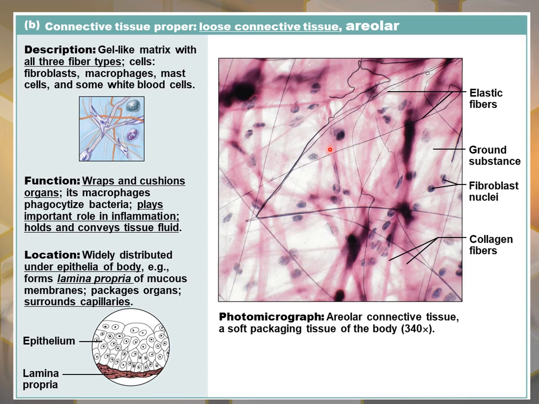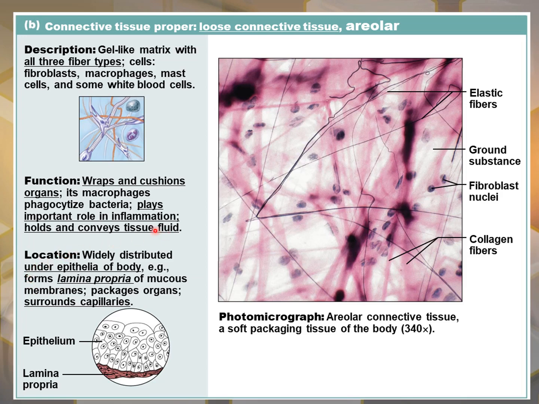And what areolar tissue does is it's really associated with epithelial tissue. So it is under the majority of our epithelial tissue. So it forms part of that basement membrane, right? So the lamina propria is going to be in between the epithelial tissue and the connective tissue, okay?